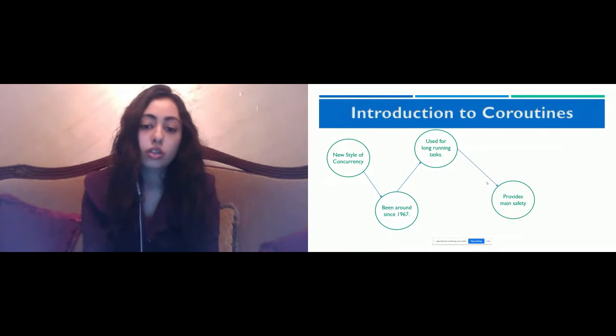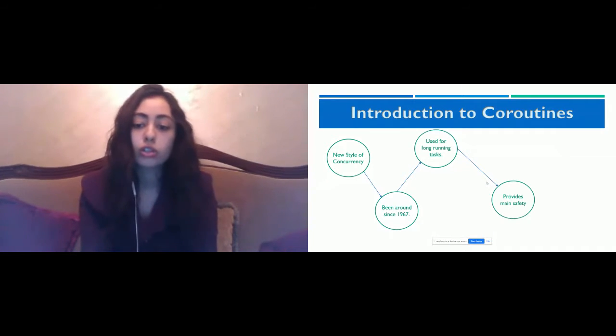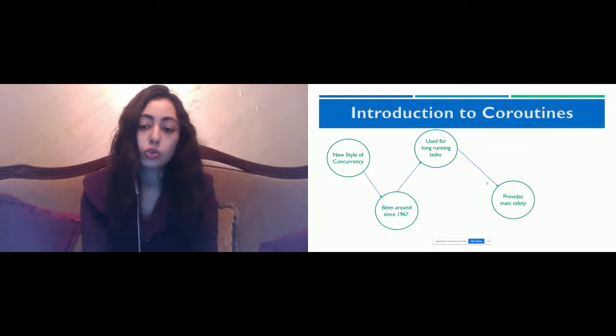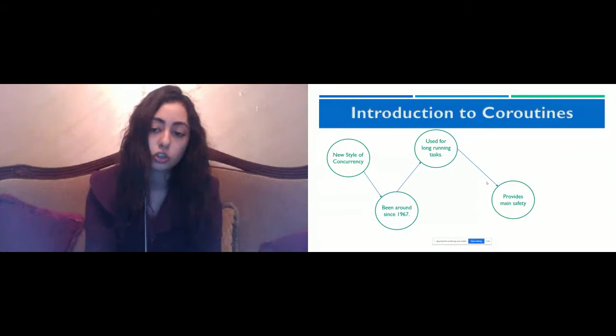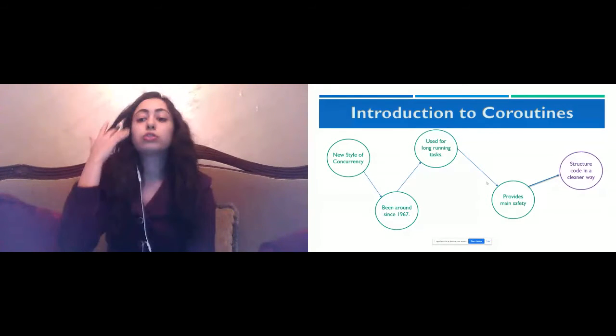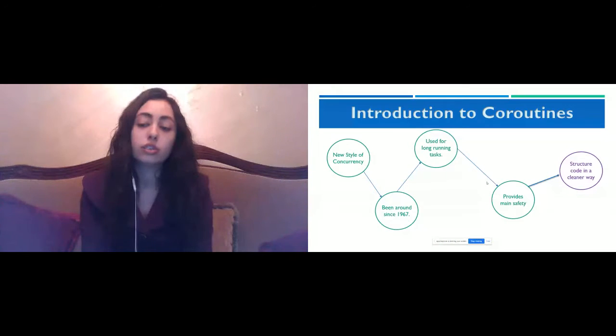In addition to that, they solve the problem of providing main safety, because I can call the suspend function on the main thread without having to worry about main thread exception, unlike Java. This will also lead to more structured code, in a very cleaner way, and it will definitely be more lightweight.